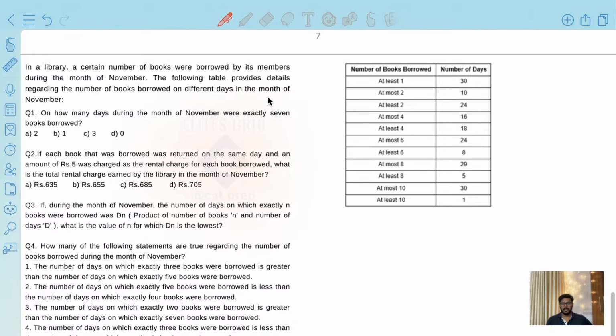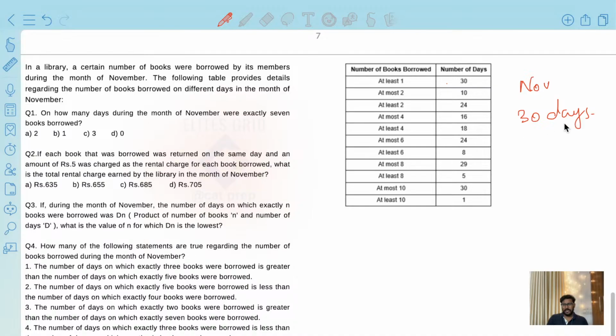Okay. Which day did this happen? That means November has 30 days, right?